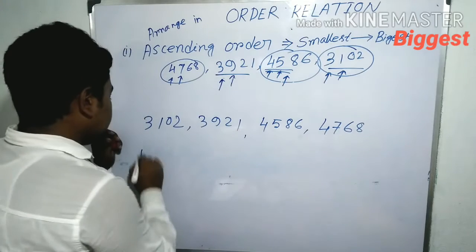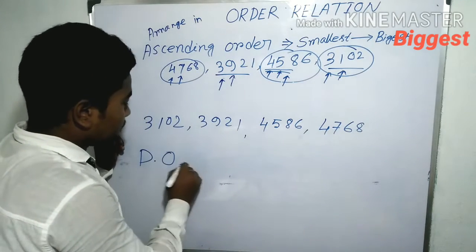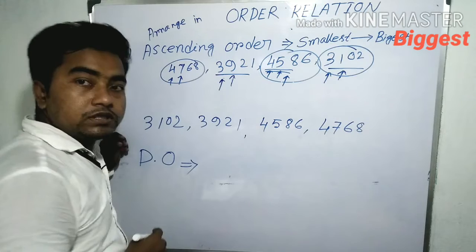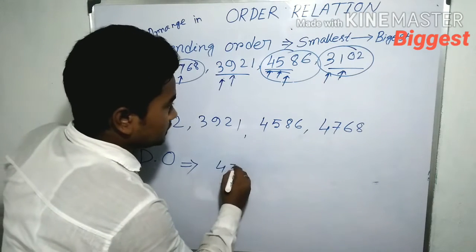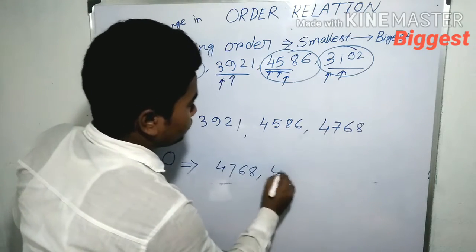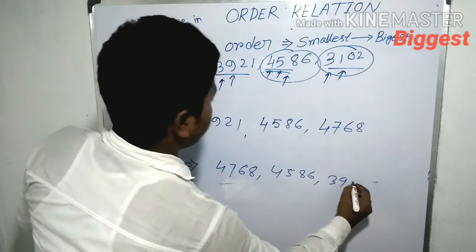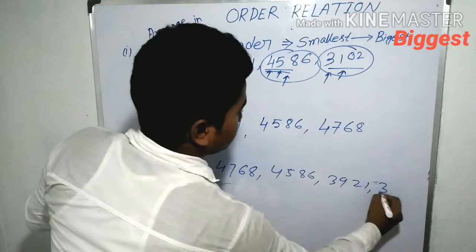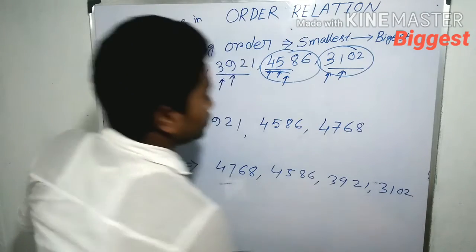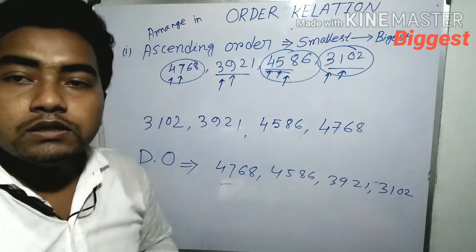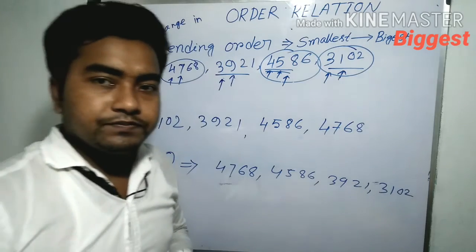So the descending order will be 4768, 4586, then 3921 and then 3102. So this will be the descending order.